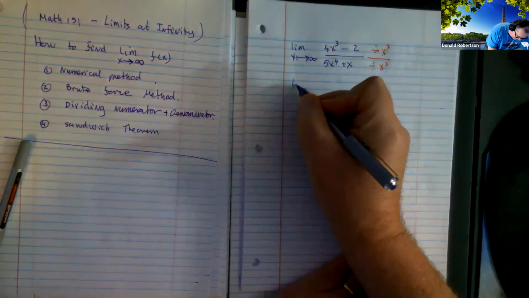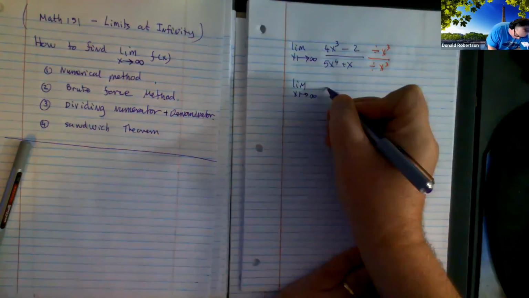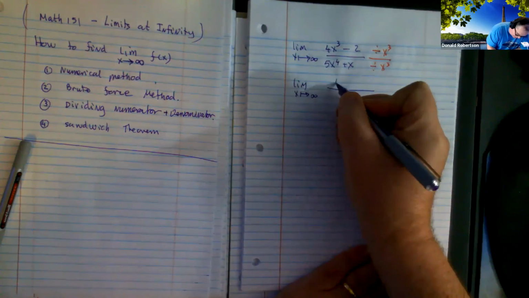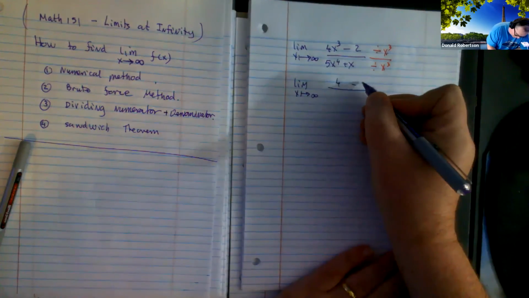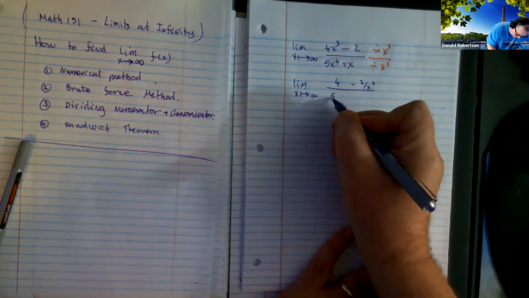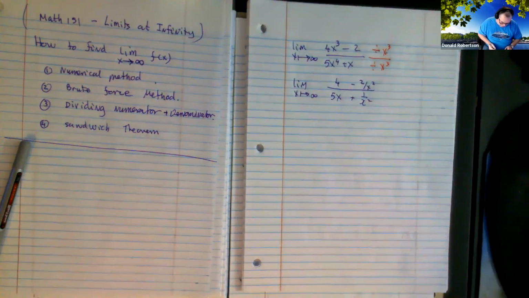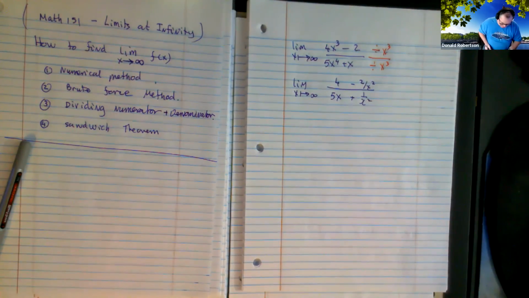So it's going to be the limit as x tends to infinity of 4, take away 2 over x squared. This guy gets you 5x, and this guy gets you 1 over x squared. One of them doesn't look right. There we go. Now it looks right.